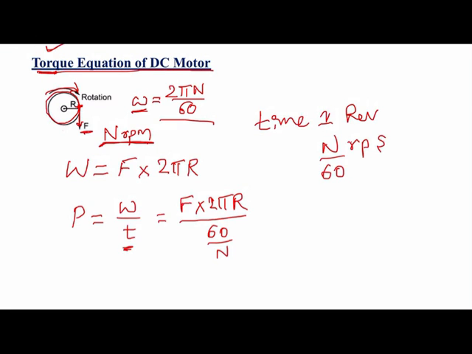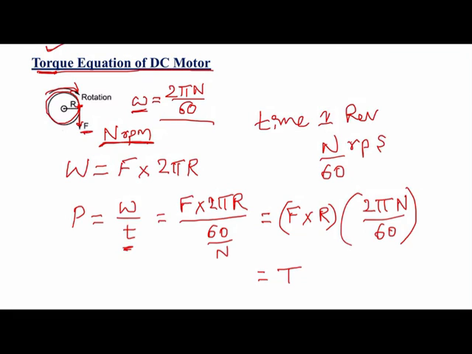If you rewrite this, we can write it as F into the radius r, into 2 pi n divided by 60. F into r, we know, is the torque, that is the force acting about an axis, with r being the radius.